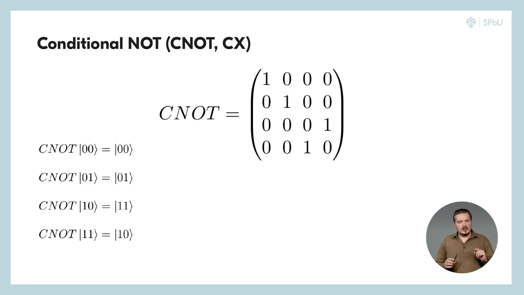First of all, it has a 4 by 4 matrix, which means that it acts in the state space of 2 qubits. And second, it modifies the value of the second qubit based on the value of the first qubit. It flips qubit 2 only if qubit 1 is in the state 1.